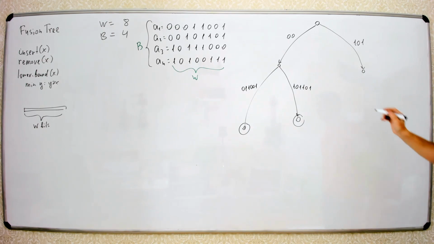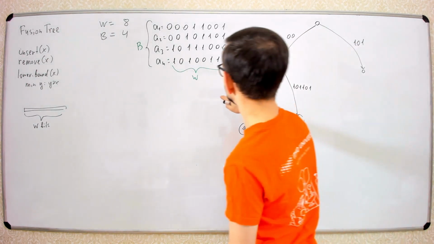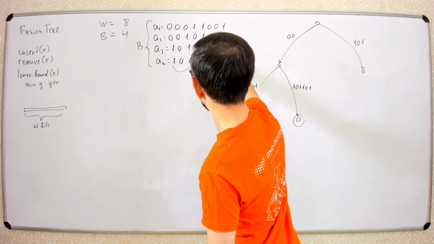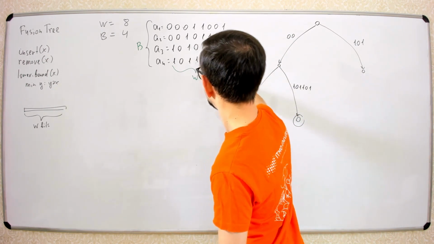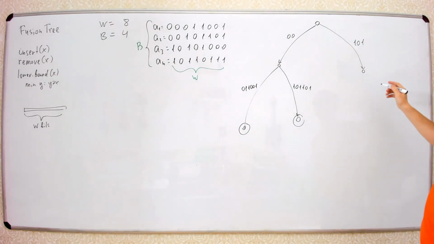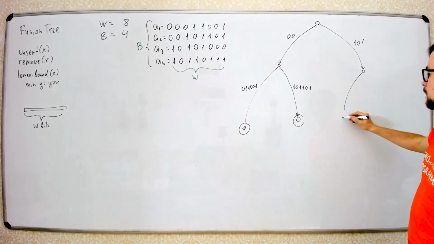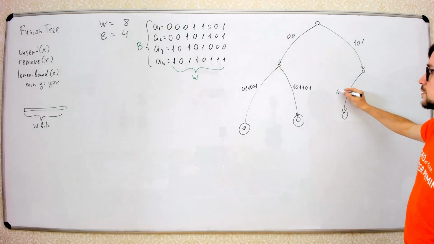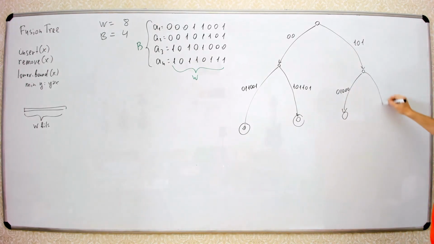I want them to be in increasing order. And here we have 0, 1, 0, 0, 0, and to the right we have 0, 1, 1, 1, 1.